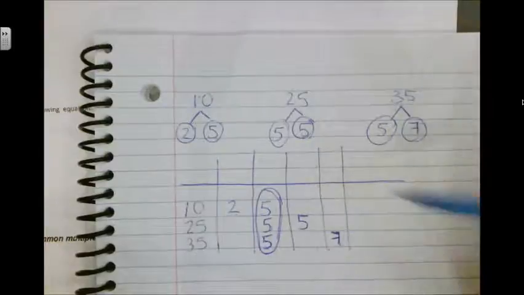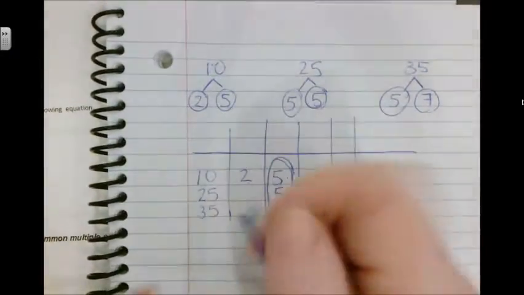There's only one 2, only one 5, and only one 7. So the GCF in this case would just be 5. If there was another group of numbers that all of them had, then you would multiply by that number. But here, the greatest common factor between 10, 25, and 35 is 5.